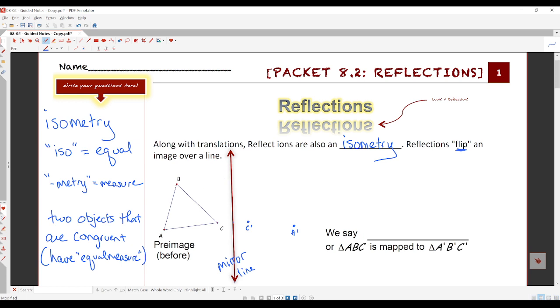And then look how far B is away, and put B prime about the same distance. When you're done, connect the dots to form your triangle.